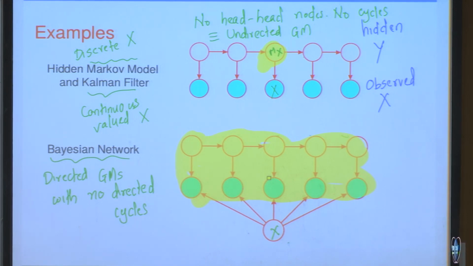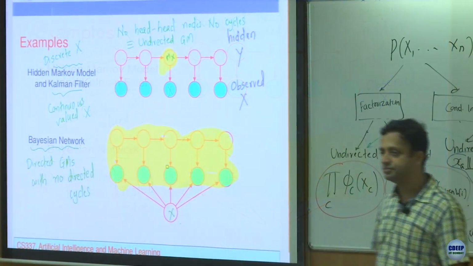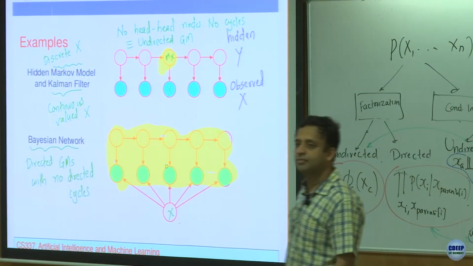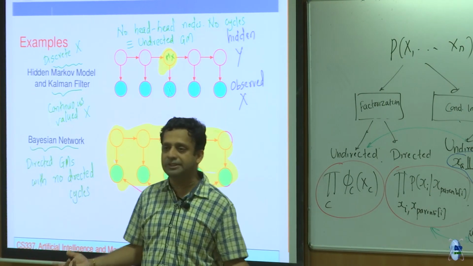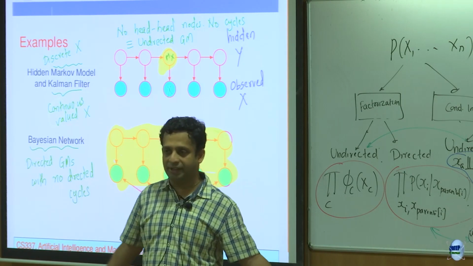So suppose I give you one value here, and now I give you the value here. Is the information to X blocked? So you're suggesting that we can still live with an empty Markov blanket, right?